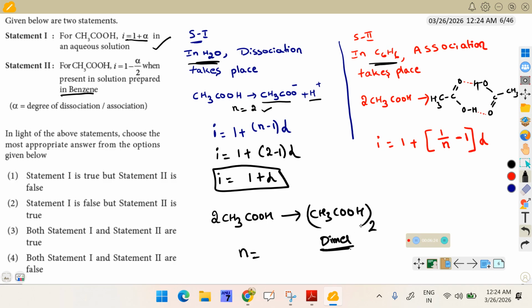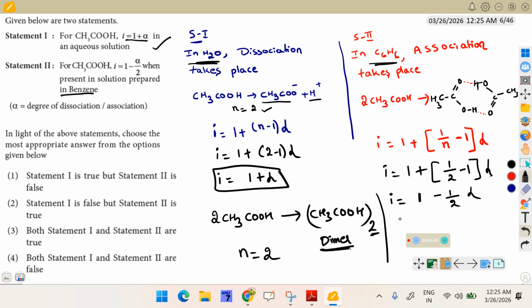How many products? 1 product, the dimer. n value is 2. i is equal to 1 plus 1 by 2 minus 1 into alpha. i is equal to 1 minus 1 by 2 into alpha. i is equal to 1 minus alpha by 2. So the second statement is also correct. Both statements 1 and 2 are true.